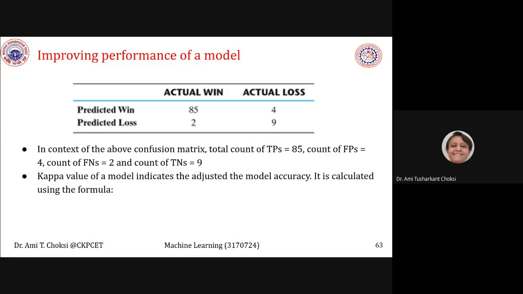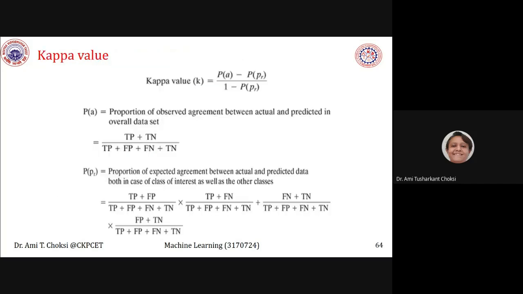Now, kappa value of a model indicates the adjusted model accuracy. It is calculated using the formula K is equal to P(A) minus P(E) upon 1 minus P(E). What is that? P(A) is the proportion of observed agreement between actual and predicted in the overall data set.